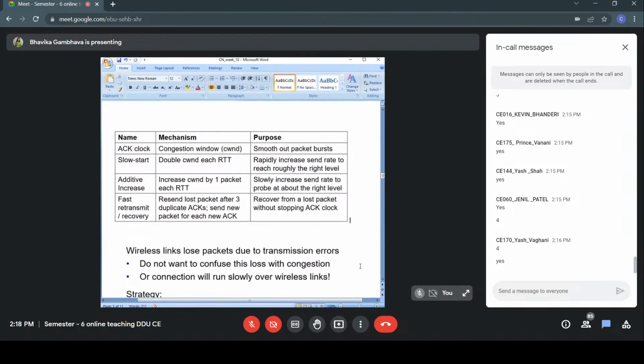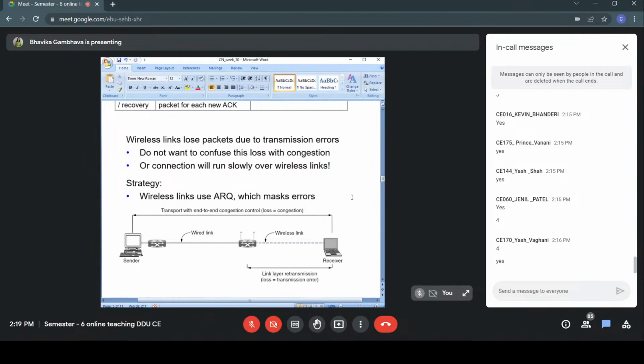So now we have already talked about this, that whenever there are wireless links, we have not exactly talked about this, but you are aware of this, that whenever there are wireless links, then packet losses might be there due to transmission errors. It need not be the case of congestion always. If it is a wireless link, then our data can be lost because of transmission errors also.